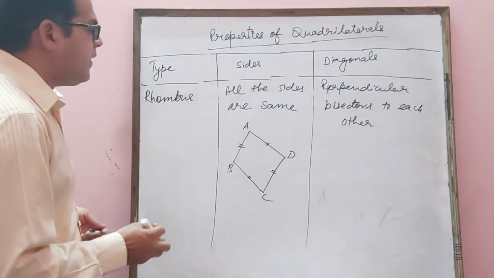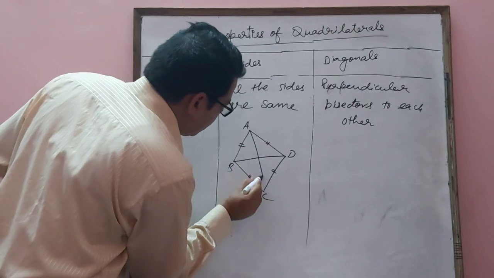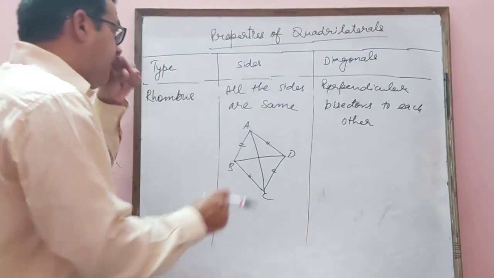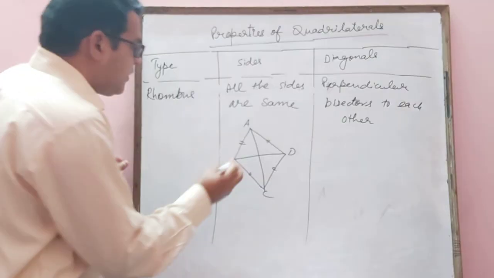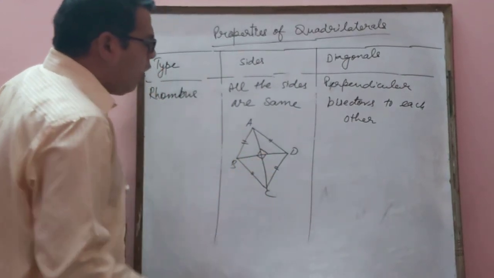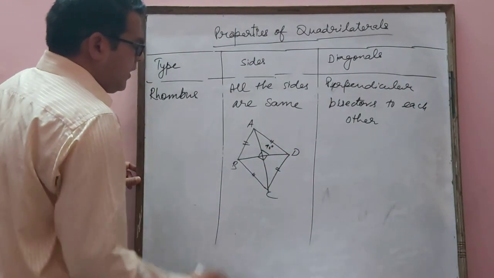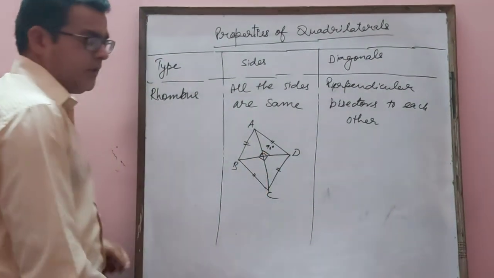Right? And their diagonals bisect each other at 90 degrees. So they are all forming 90 degrees here. They bisect each other at 90 degrees.